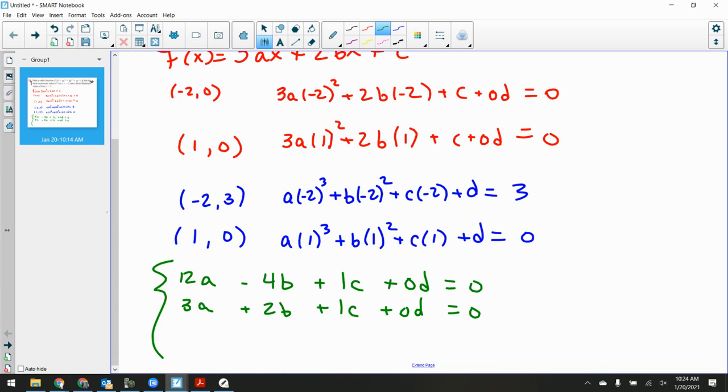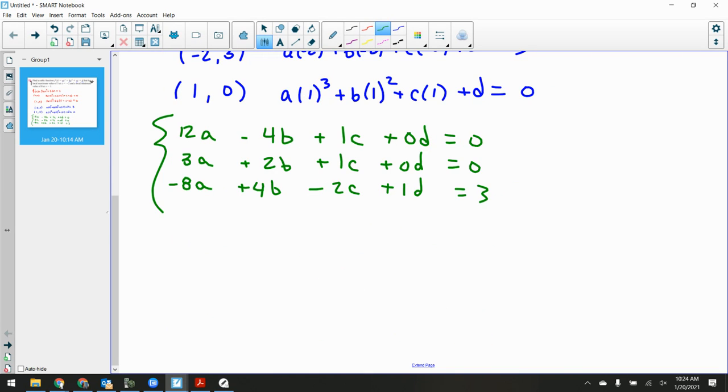Okay, now this is where it starts to get a little tricky with the to the third powers. -8a plus 4b minus 2c plus 1d is equal to 3. And then my last one here, 1a plus 1b plus 1c plus 1d is equal to 0.